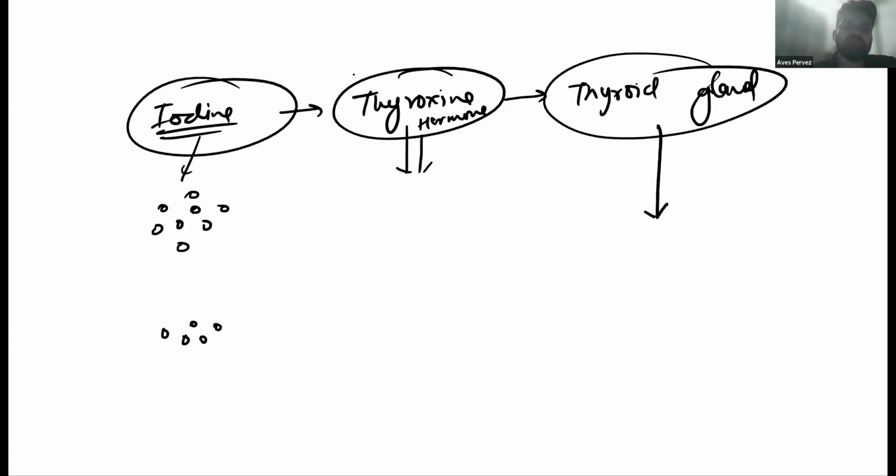To fulfill this requirement, the thyroid gland enlarges itself and forms a big mass around the neck called goiter. You understood?